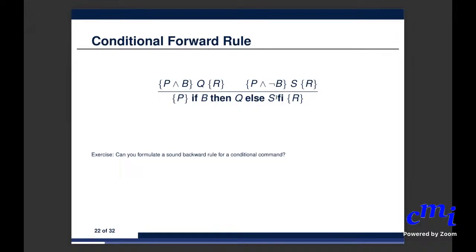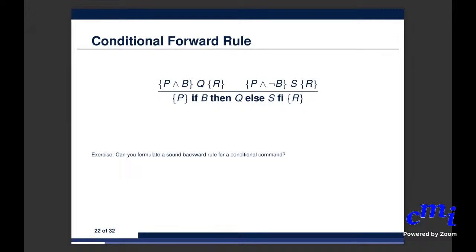Because that's obvious, because you know that the meaning of if then else is Q is executed if B is true, and S is executed when not B is true. And since in both cases you end up getting the postcondition R, you can put them together in this way, and that's how in the SSA notation we pushed the precondition across if then else.